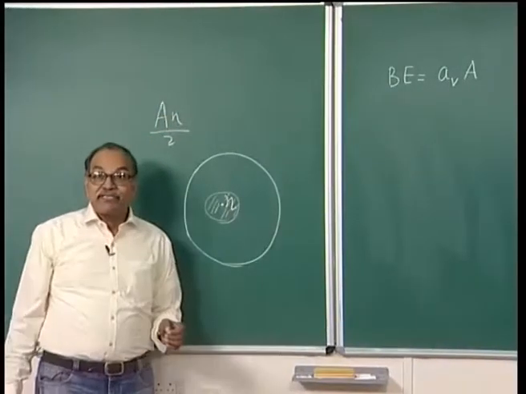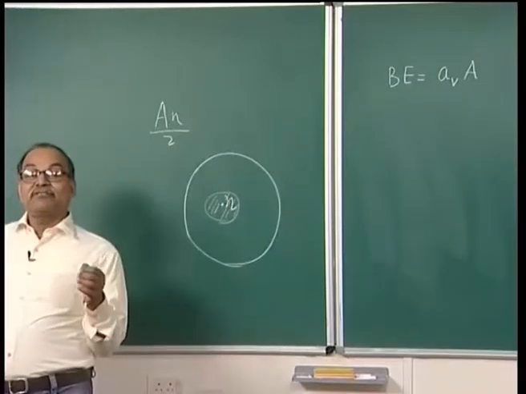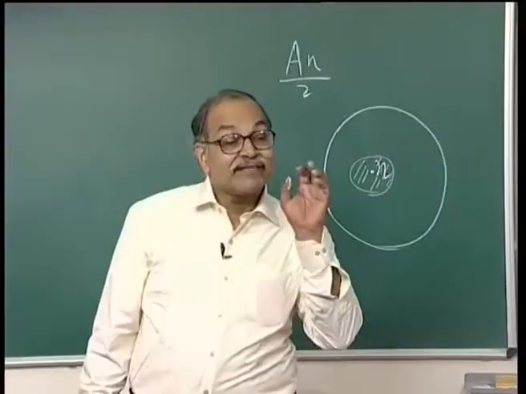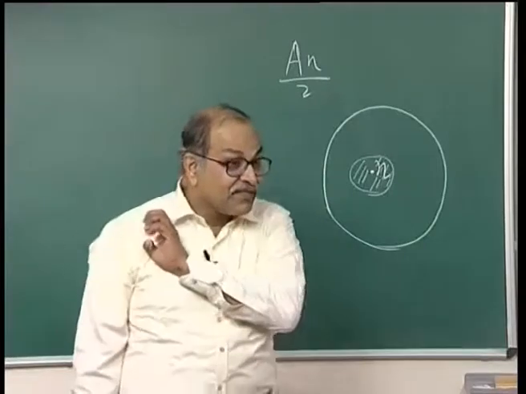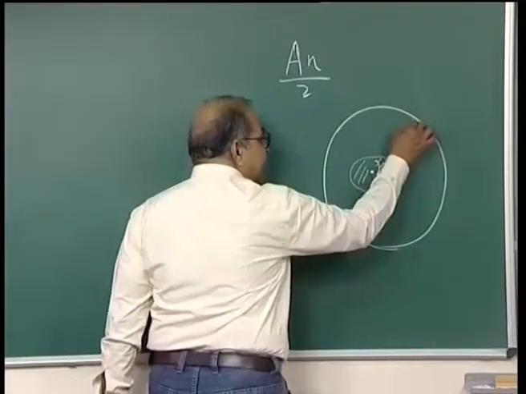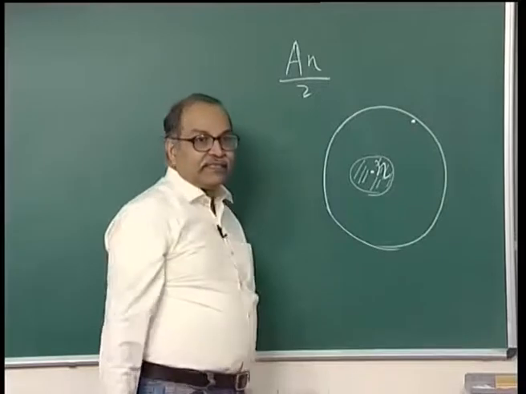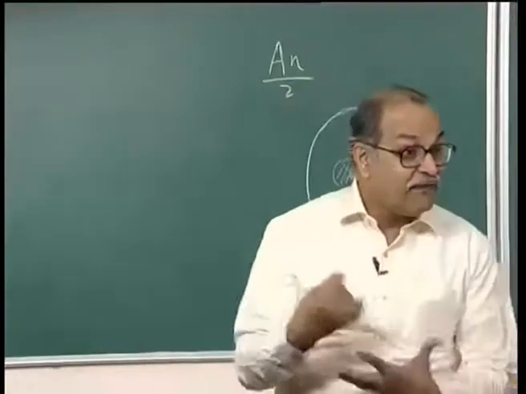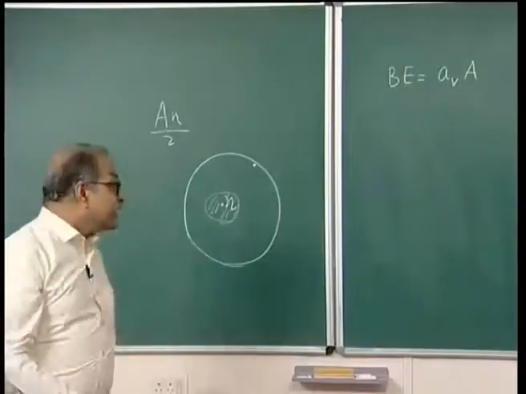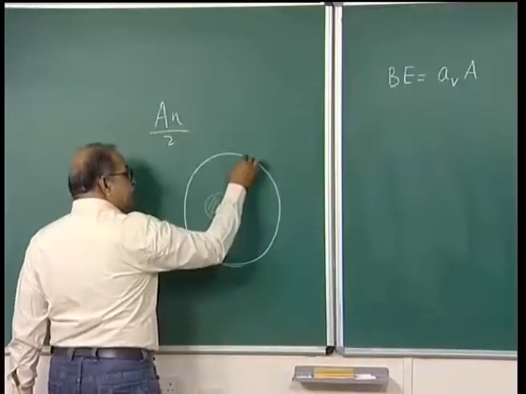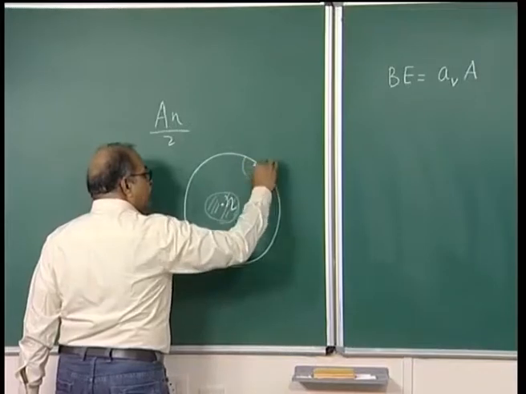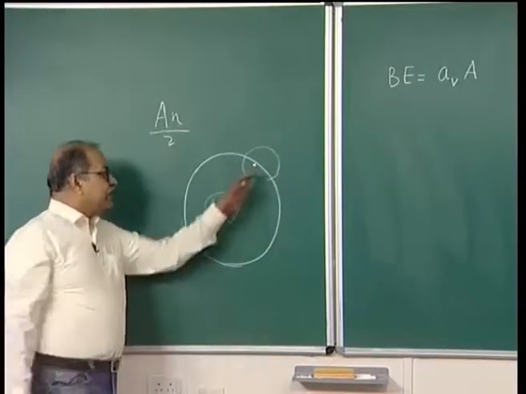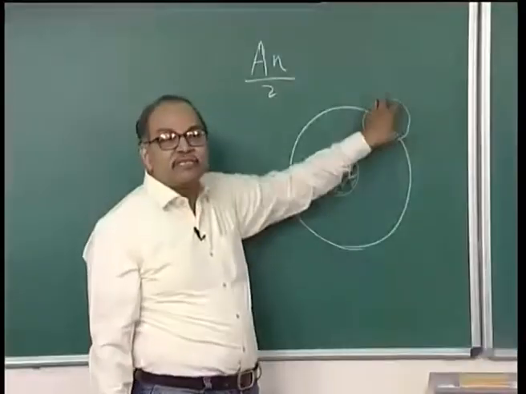The problem is for the nucleons which are near the surface. A nucleon sitting here will also interact with nucleons surrounding it, but if you draw a spherical volume of that radius, it will interact with all the nucleons in this volume.